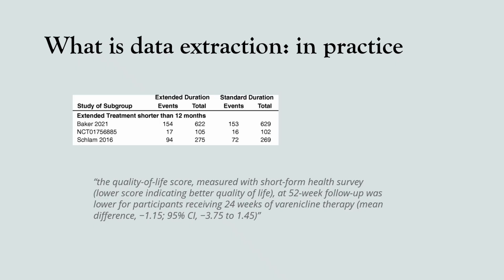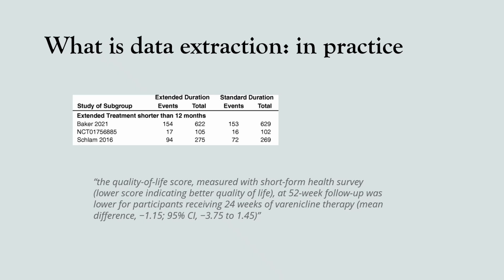At the same time, for continuous outcomes that are measured on a scale such as quality of life or symptom scores, we usually extract the mean value and the standard deviations in each group and the sample size. Alternatively, sometimes studies report the difference between groups with a confidence interval, as shown in the quote here. For example, the study reports the mean difference in quality of life score between the two treatment groups.